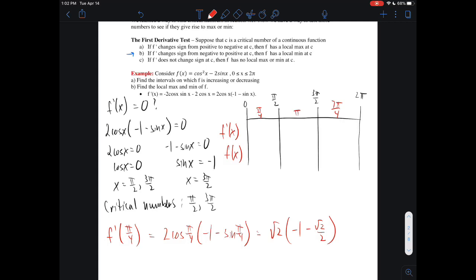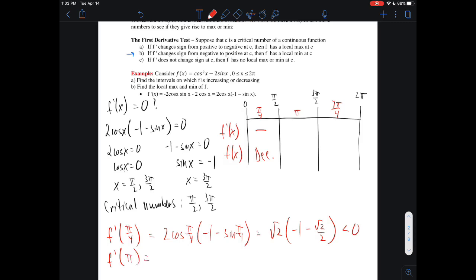Whatever is in parentheses, whatever that's going to be, I don't really care. I just now can see that I have a positive times a negative, which is going to be less than 0. So my first derivative is negative in that interval from 0 to pi over 2, which means my function is decreasing. And then from pi over 2 to 3 pi over 2, I'm going to plug in pi as my test point.